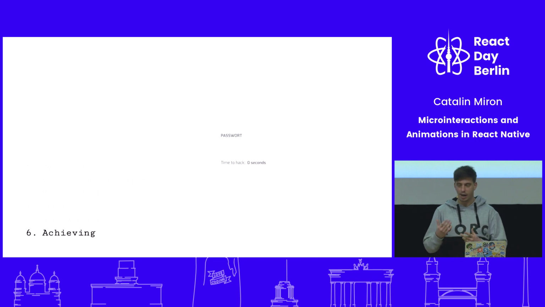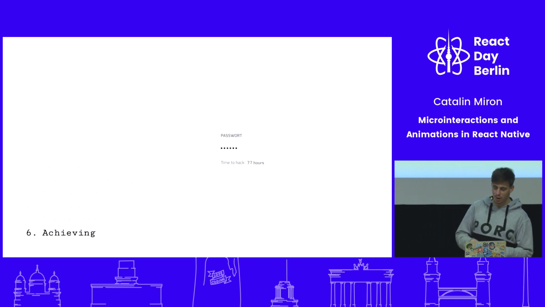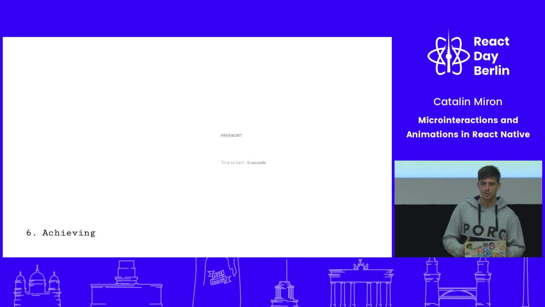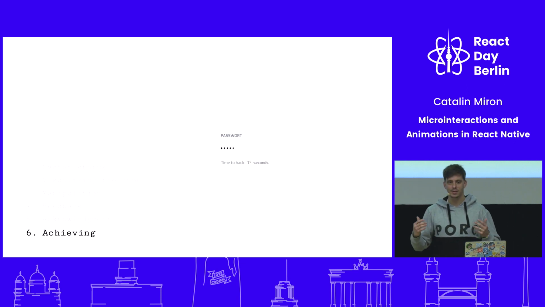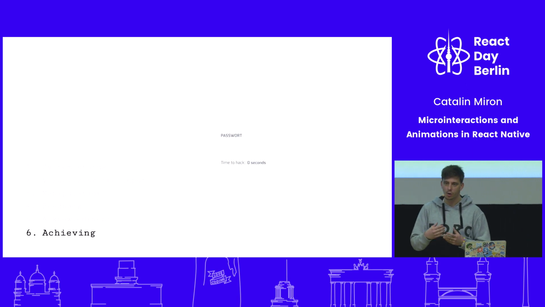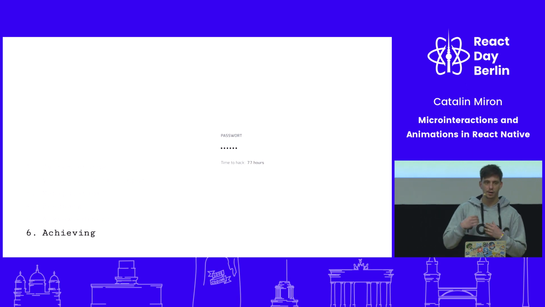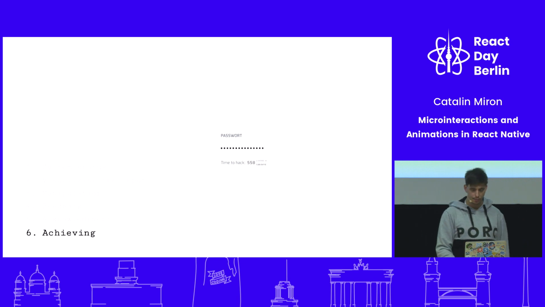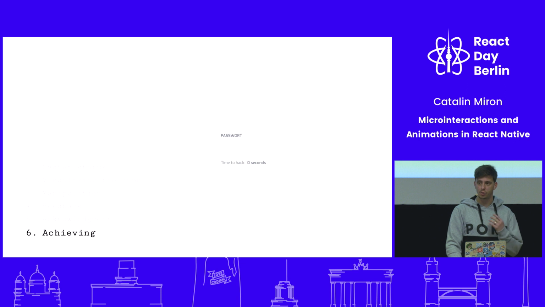In this example, the time to hack is calculated based on the user input, and it's trying to help him out, saying that, dude, you're doing something wrong because your password can be hacked in 5 seconds. And as long as he's typing more characters or complex ones, the UI is going to give him feedback saying that you're doing a good job. That's again a good user experience.